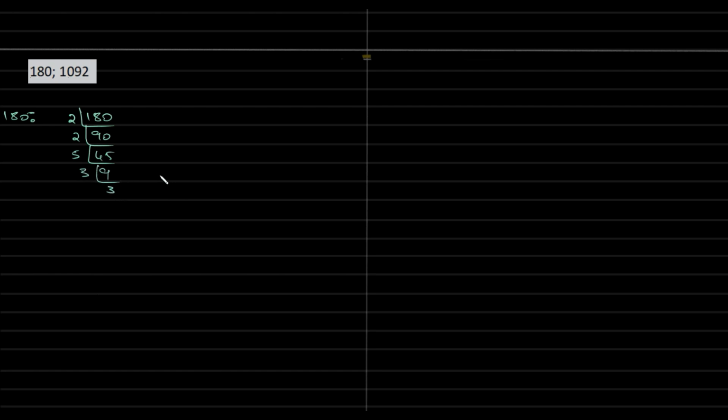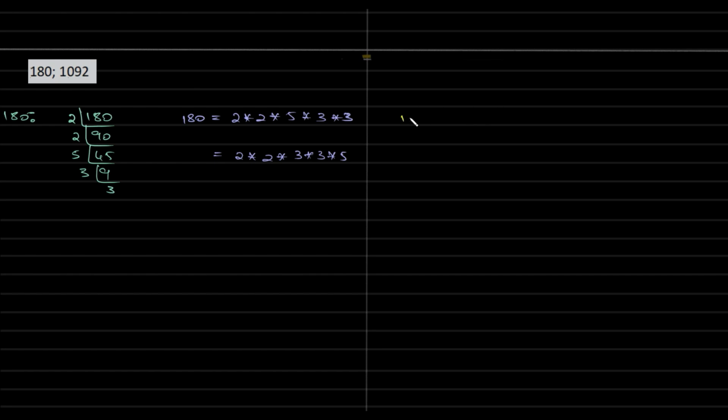Right? Try to always do things which are much faster. Whenever you get obvious numbers that you can divide, just do that. Don't think too much. 180 can be written as 2 into 2 into 5 into 3 into 3. Again, the good standard way of writing this is 2 into 2 into 3 into 3 into 5.